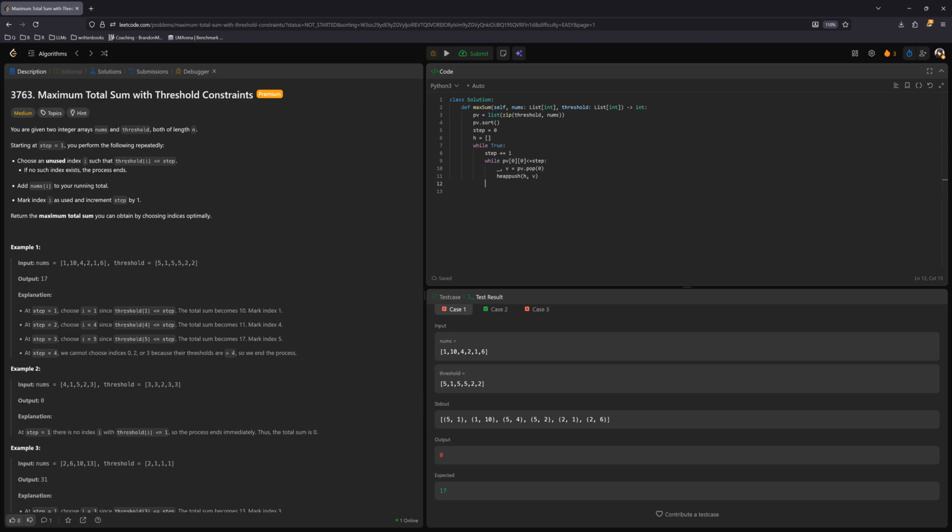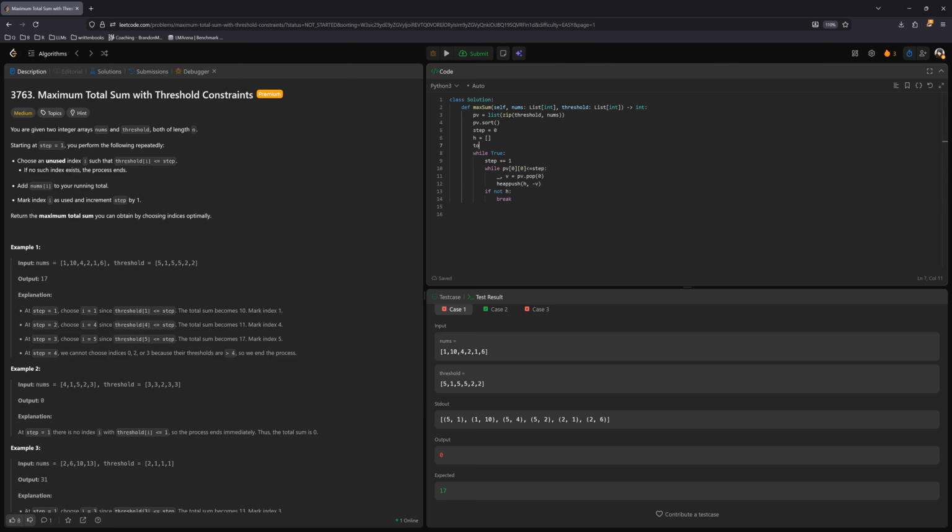Now, for each incremented step, we only ever add one thing, and we want that to be the maximum. Aha, so this should be negative v. We want that to be the maximum, so yeah. If not h, then break. We are done.